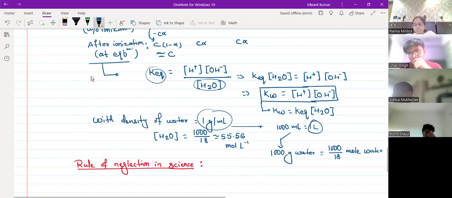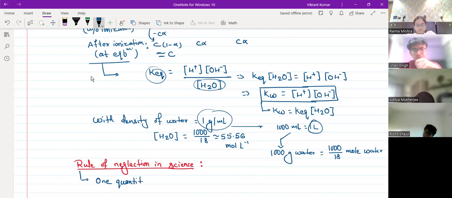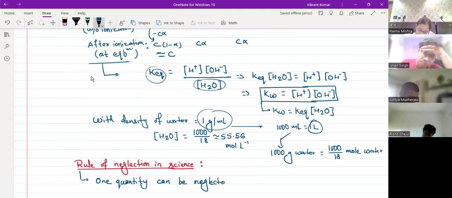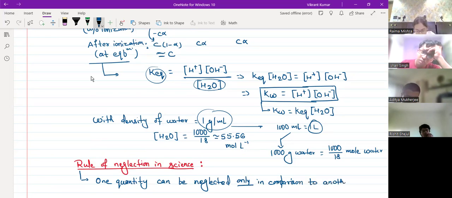So if I am writing, one quantity can be neglected only in comparison to another quantity.